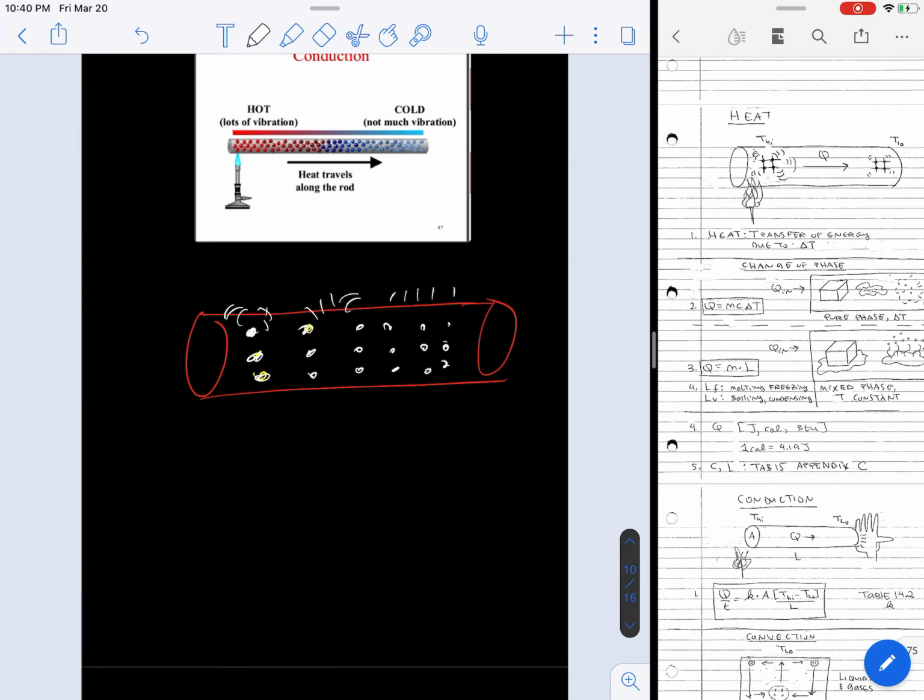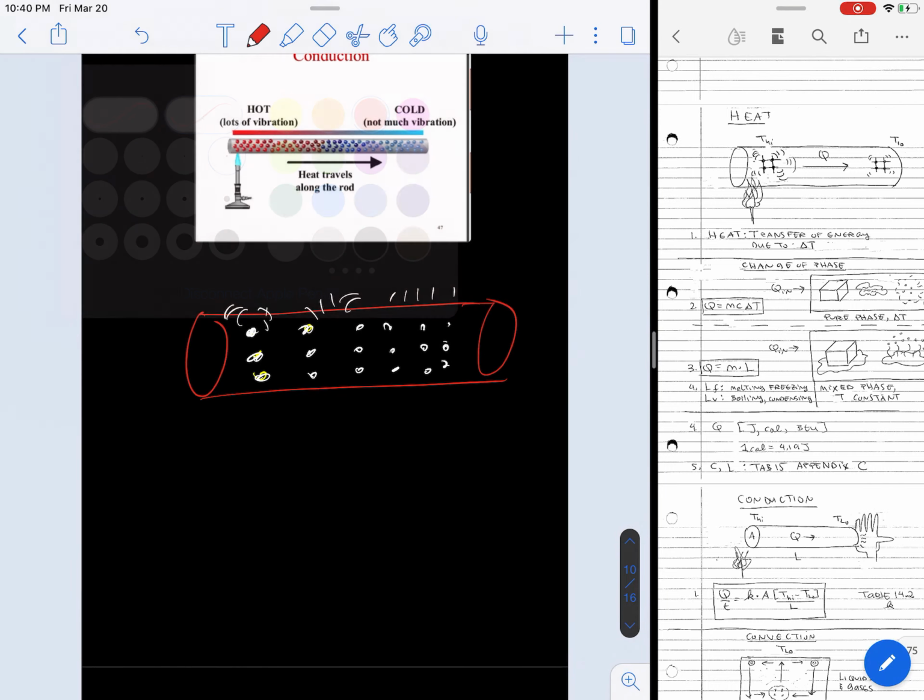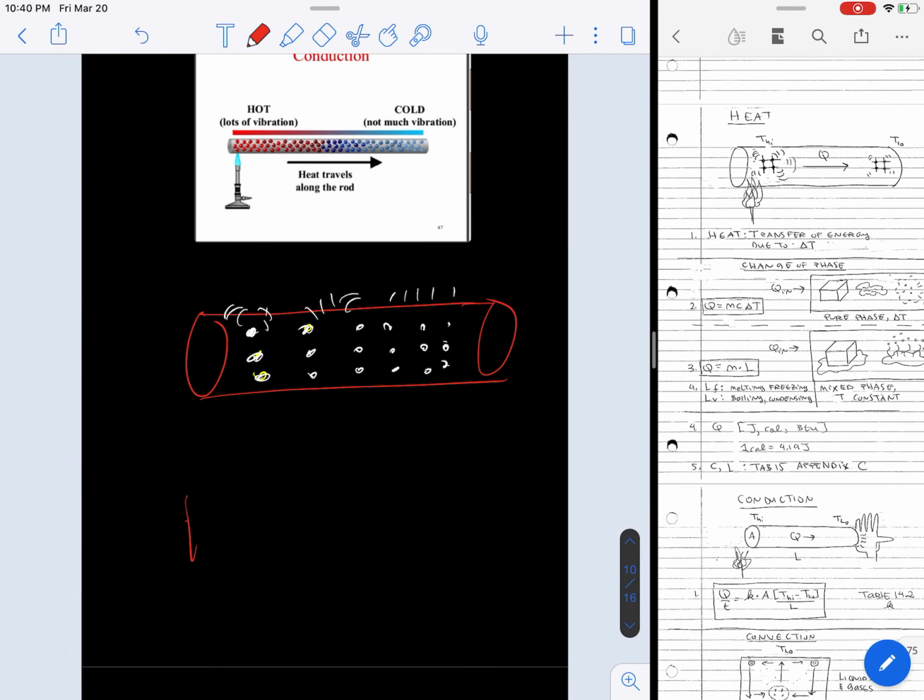Okay. So if you place this pipe above a flame, this is going to be the hot area, and here this is going to be the cold region. If you were to place your hand on the cold region, after a while you're going to get burnt.